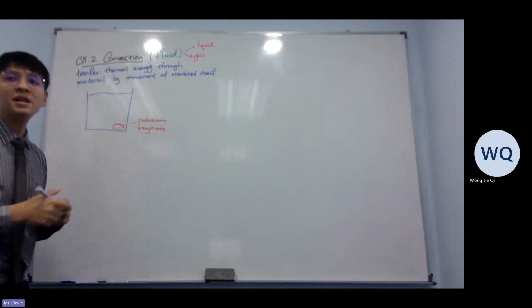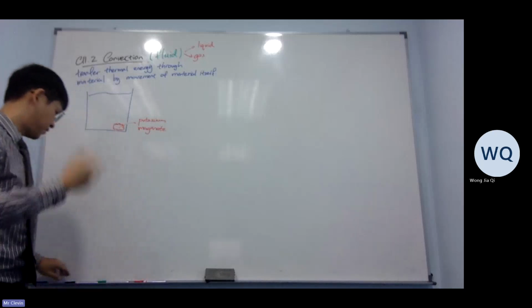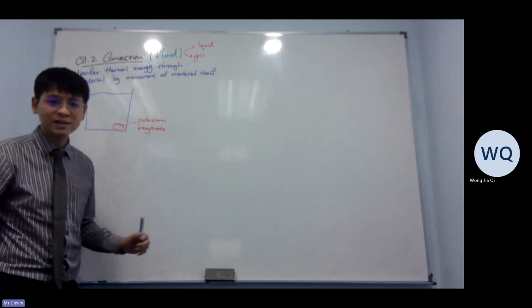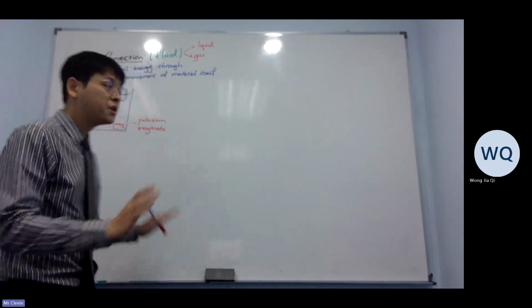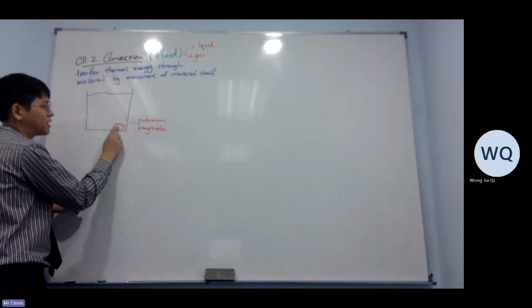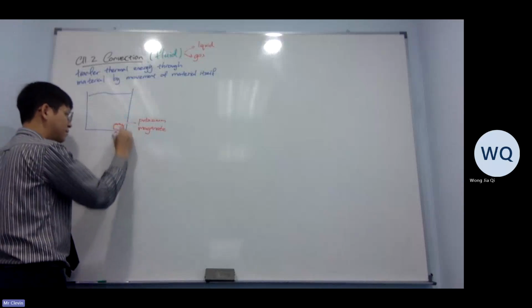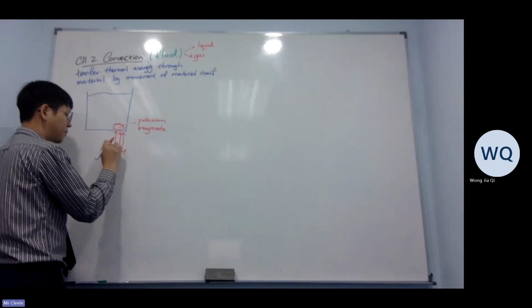Why do they place potassium manganate here? It's very simple. They want to show us how convection works. So once they place potassium manganate by the side here, they supply heat from the bottom.